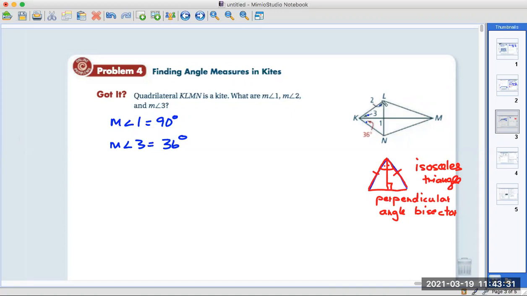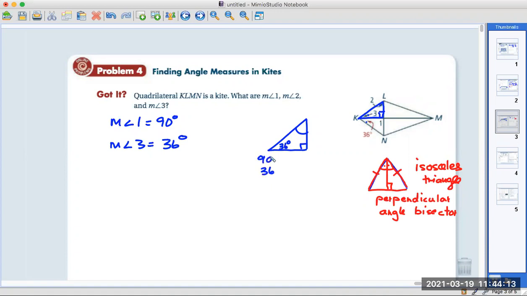Now I got to find this one. So this triangle right here, I will write down a little bit bigger. This is also a right angle, because these are the perpendicular diagonals. So this is a 90-degree angle. This one is 36 degrees. What is this one then? So remember, you can add these two and subtract from 180, or you can reason that the sum of these two has to be 90 because this is 90. So that leaves 90 degrees for these two.